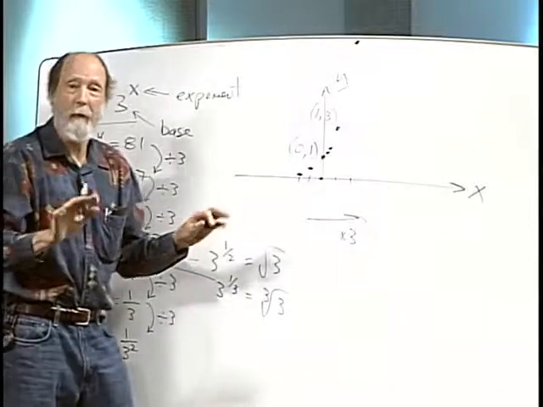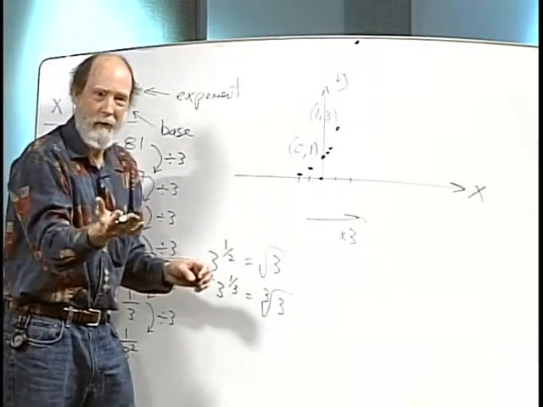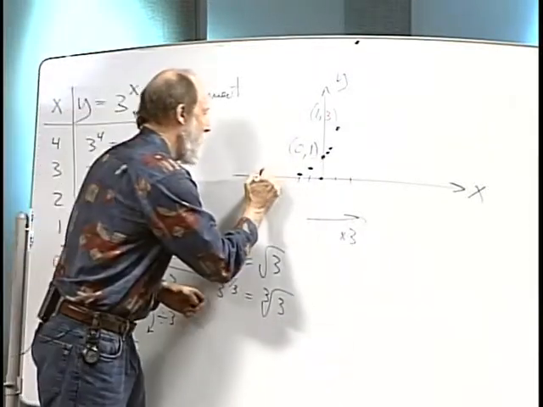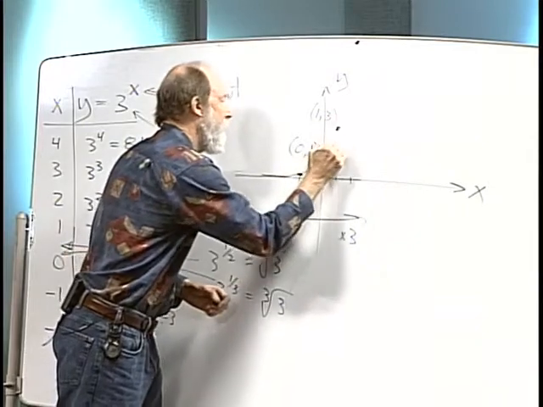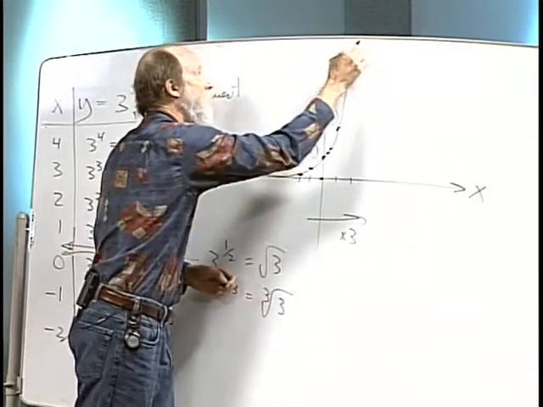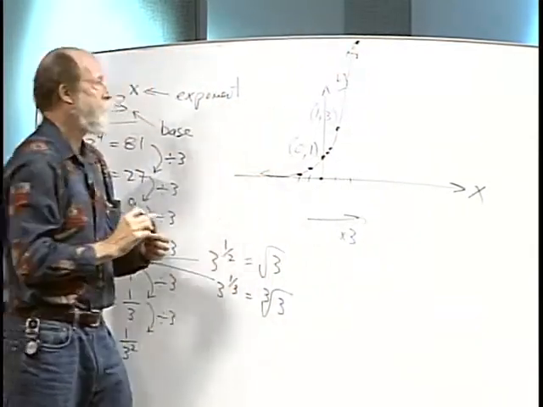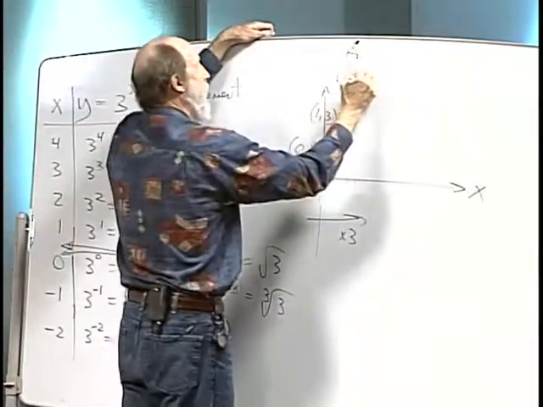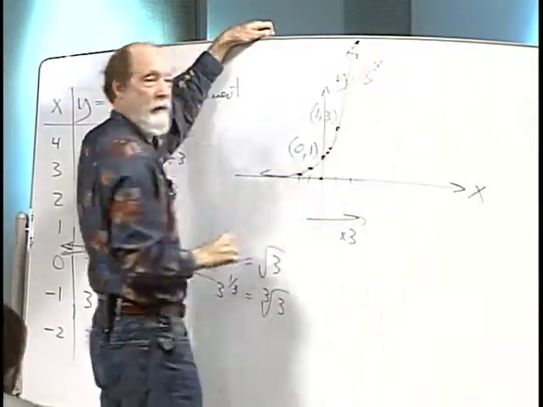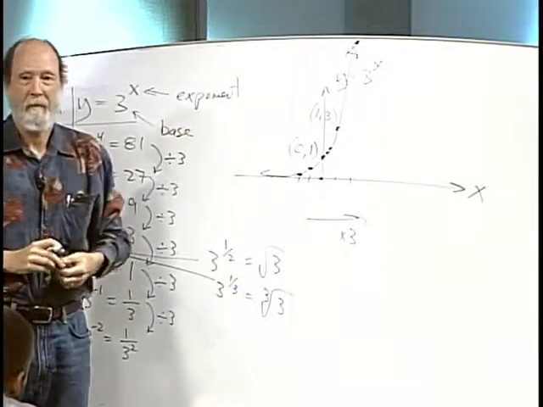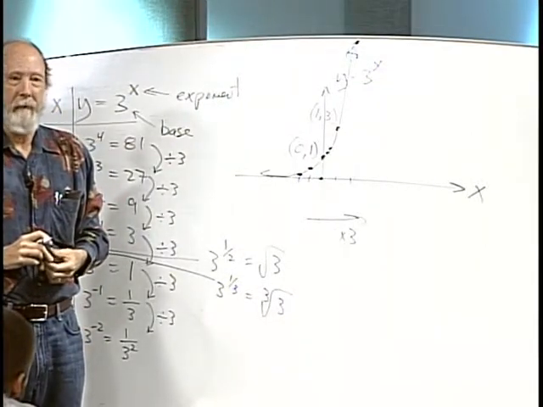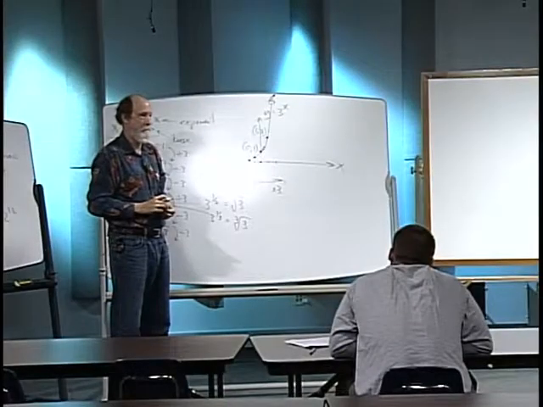And if you do that for a whole lot of points, or let your graphing calculator do it, you will get a nice example of an exponential function. So there is the graph of y equals 3 to the x. Feel good?